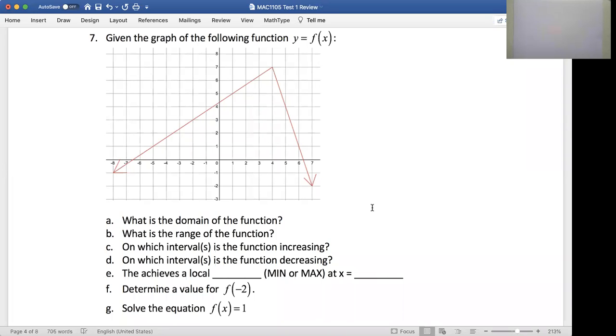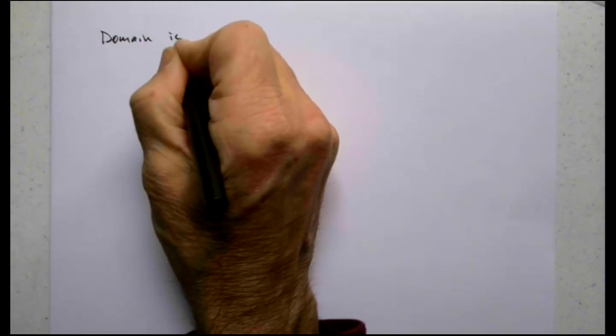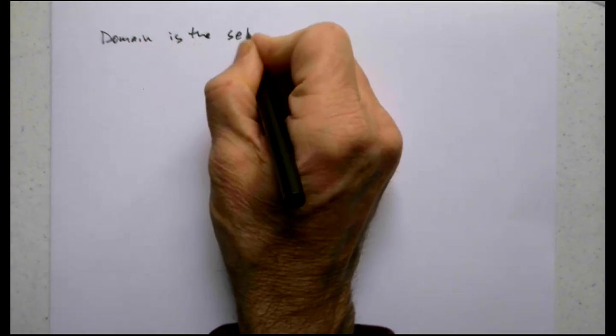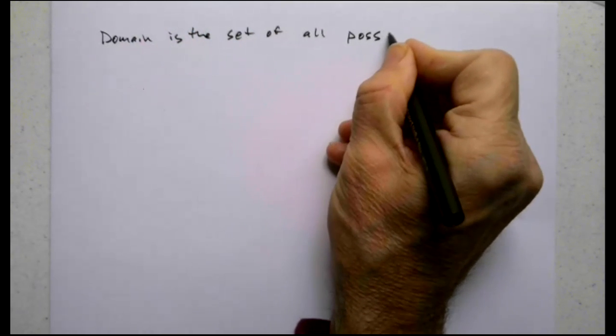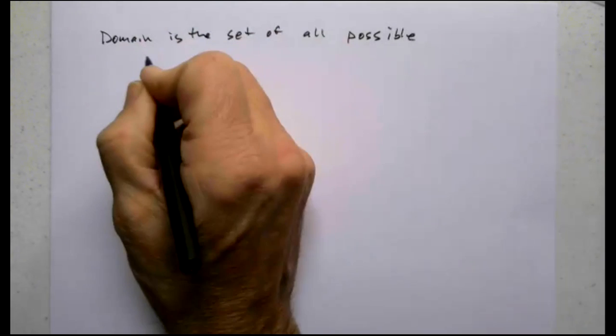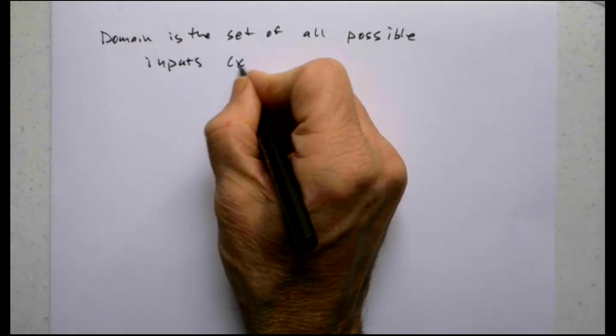So we're given a graph, and we are asked for the domain and range first. So let's remember that the domain is a set of all possible inputs. And inputs, of course, are x values.